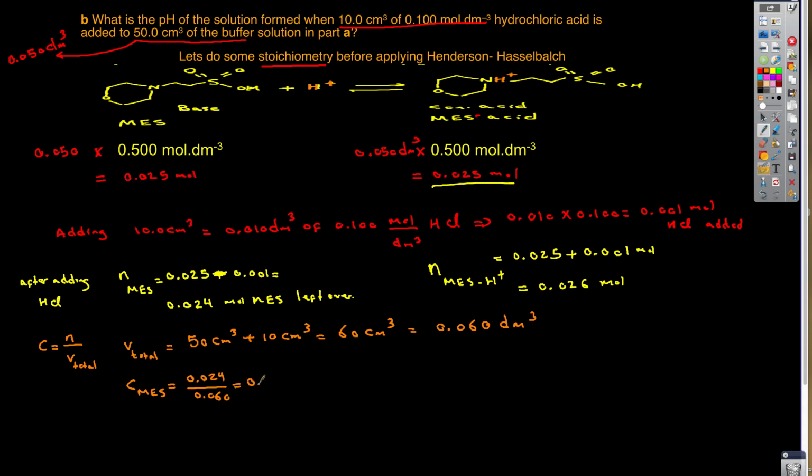When we do that, this becomes 0.4 mole per decimeter cube. Concentration of MES acid is rather this many moles, 0.026, divided by the total volume, which happens to be 0.430 mole per decimeter cube.